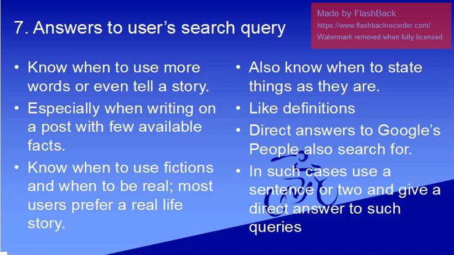For instance, if you're given a keyword on a medical term to write on, you shouldn't just go about telling a story when you can just state the fact as it is. Let's say the medical abbreviation PRN.